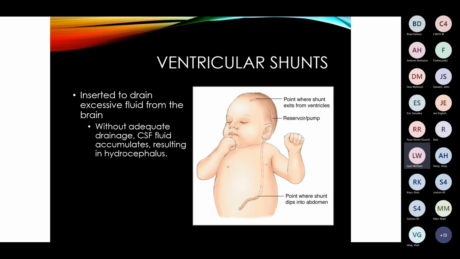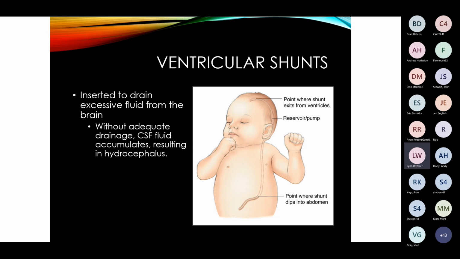These things have a reservoir and a pump on it, which the parents will probably have already tried to pump, but these things get plugged somehow from the fluid. So you would do supportive care and transport to the emergency department.